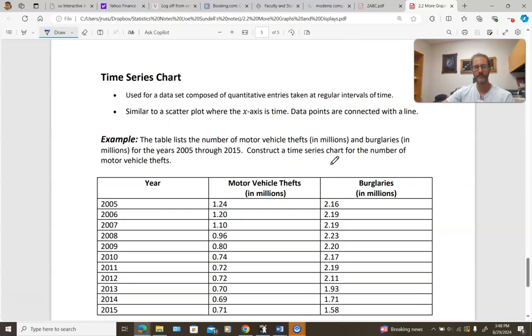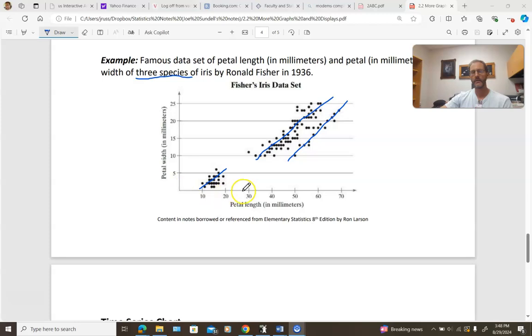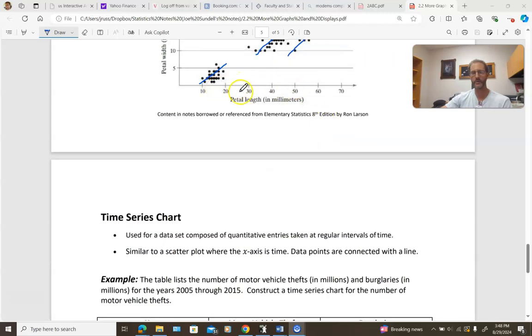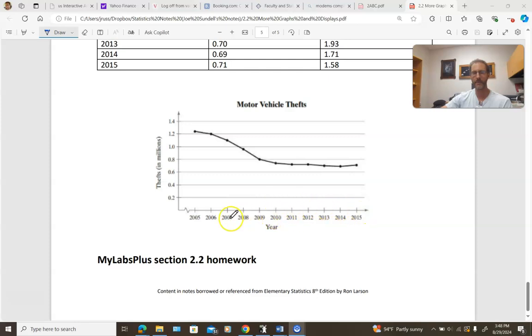Last thing we're going to look at is a time series chart. Really, a time series chart is just a scatter plot in which the horizontal axis represents time. So you're still plotting these ordered pairs.